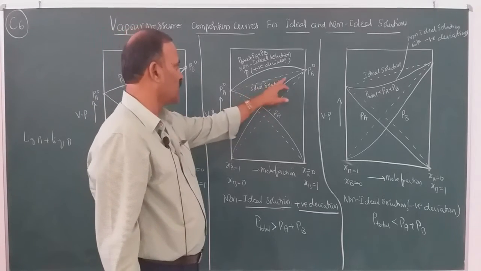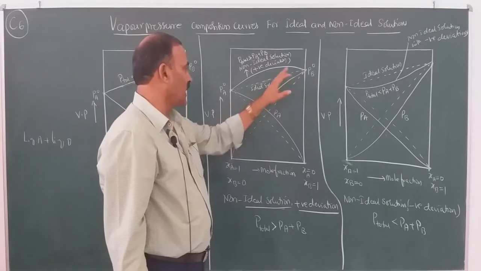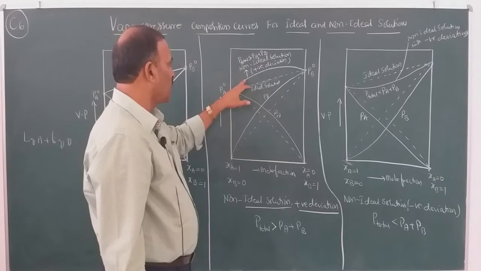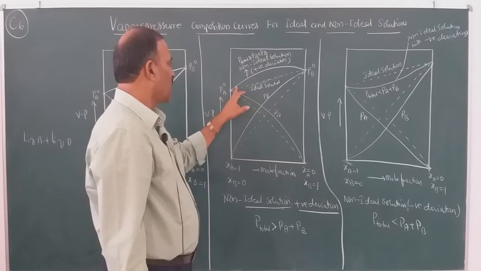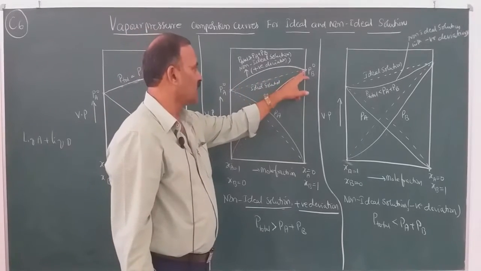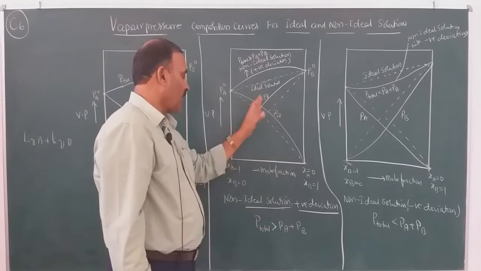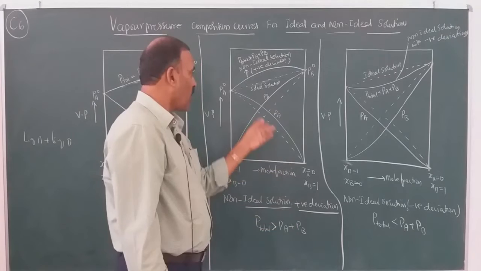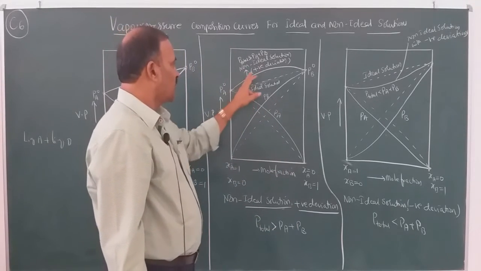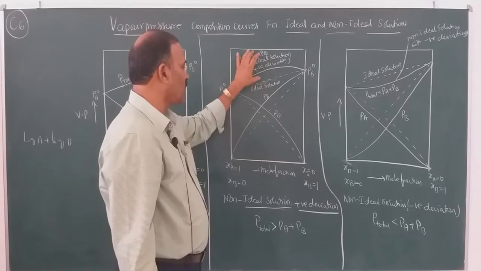For an ideal solution the vapor pressure composition curve should be a straight line, but here, since it is a non-ideal solution with positive deviation, the vapor pressure curve is not a straight line, it always rises above it. That means the total vapor pressure is greater than PA plus PB of an ideal solution. These thick curves show the total vapor pressure for the non-ideal solution with positive deviation.